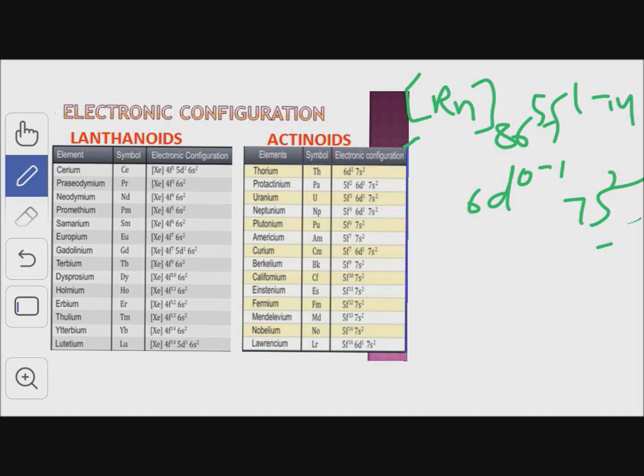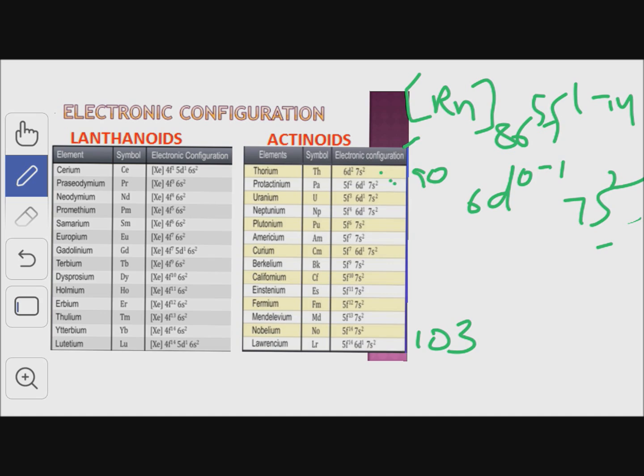In the actinide series, thorium is the first element and its atomic number is 90. And the last is lawrencium, whose atomic number is 103. The electronic configuration of thorium is radon 86, 6d2, 7s2, then protactinium 5f2, 6d1, 7s2.